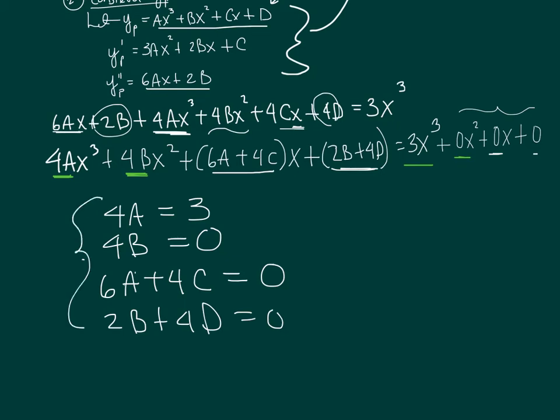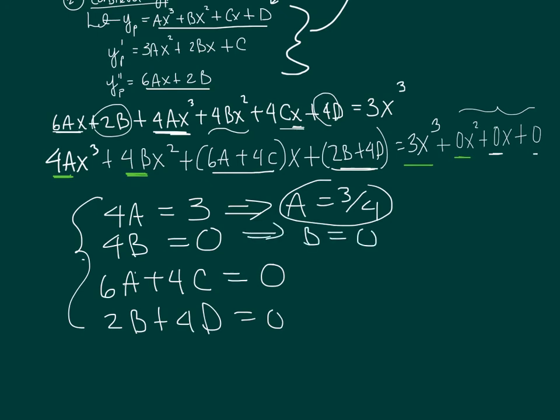Right, so these are the relationships that we obtain by equating coefficients of like powers of x. And this is nice because if we solve for a, it's just 3/4, and b is nice. B is just 0, right? 4 times 0 is 0, so b must be 0.